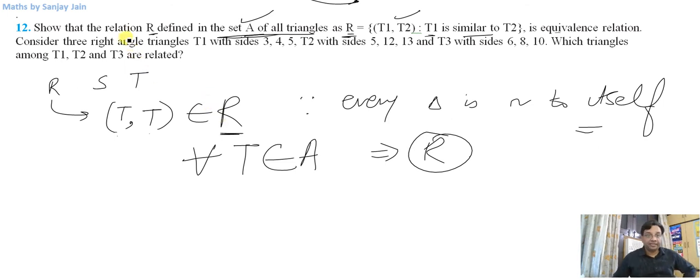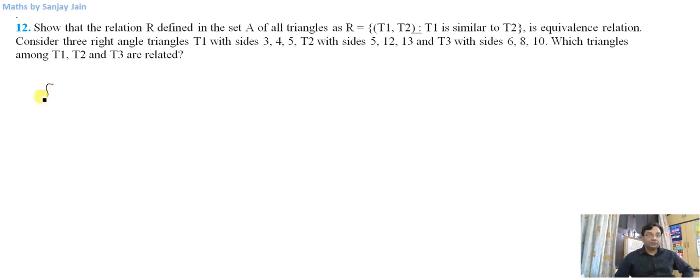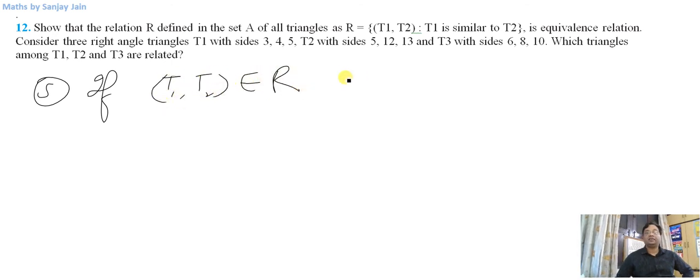I am erasing this and working on symmetry now. If (T1, T2) belongs to this relation R, that implies T1 is similar to T2.